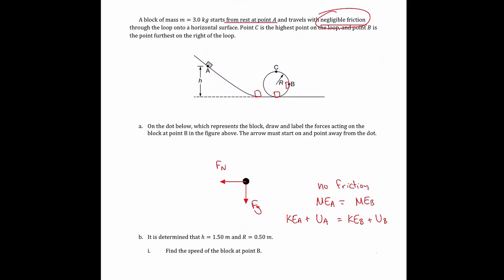The object is released from rest at point A, so the kinetic energy at point A is 0, and the potential energy is mass times g times height. Since we need to find the speed, we will substitute the kinetic energy at B with 1/2 mass times velocity at B to the power of 2, plus the potential energy at point B. Now we have to be a little bit careful.